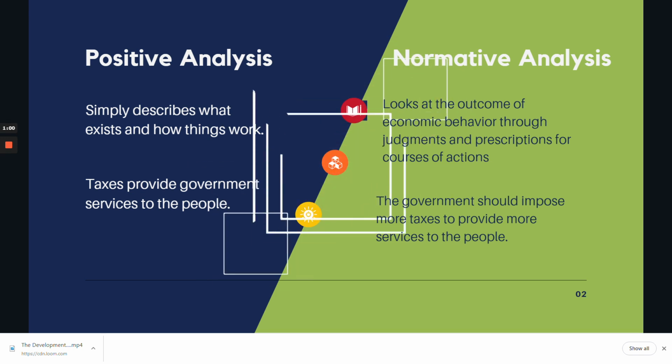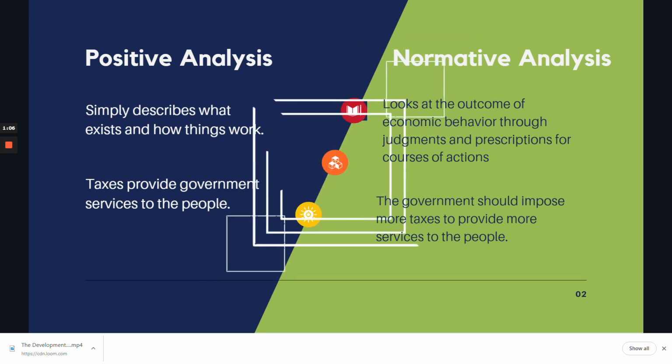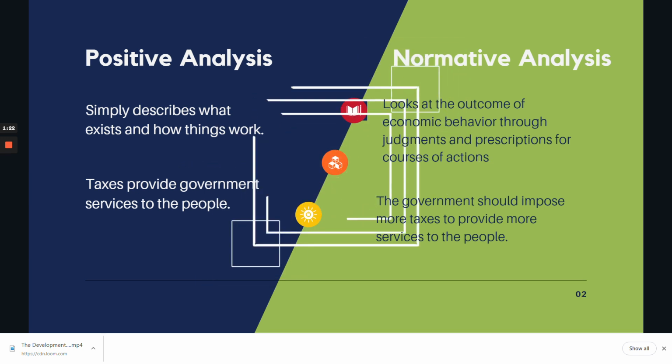As an example of a positive analysis, positive analysis is actually just stating or describing what exists and how things work. One example statement is: taxes provide government services to the people. So you are only stating the fact that taxes give the government a way to provide services to the people. So that's a positive analysis.